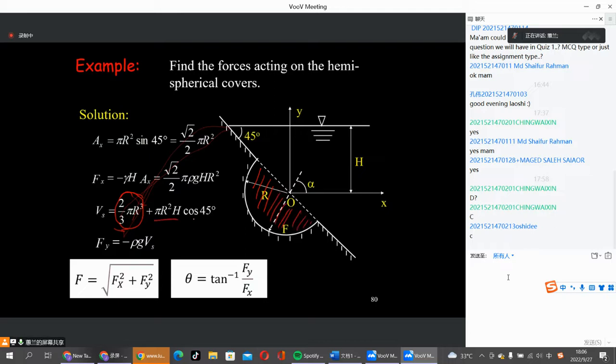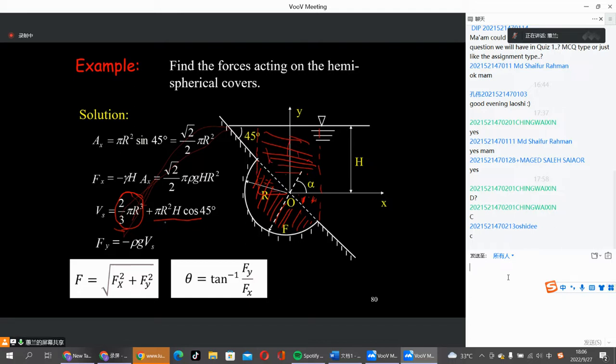And how about this one? We know it should be the volume of this part. How to calculate this? Because this triangle should be equal to this triangle, right? They are similar triangles. So this volume is equal to the volume of this cylinder.